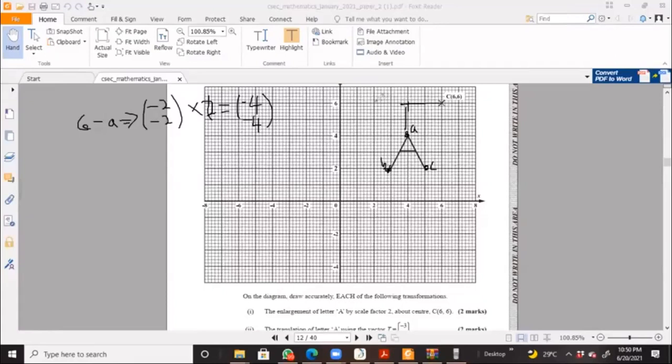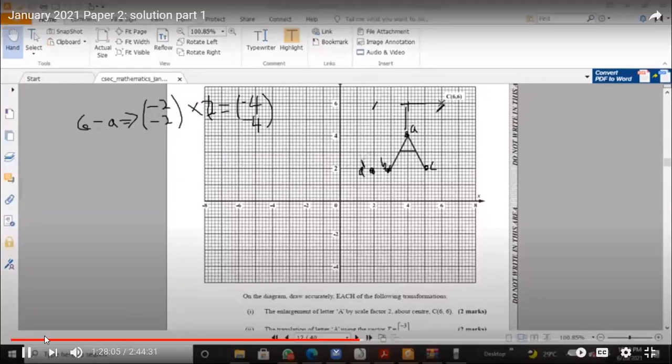I reach here, I stop, then I go down 0, 1, 2, 3, and 4. So my first one here should have been A1. It was the center to A, and I move it to this one. So I'm going to enlarge it by 2. Shanice, you have the idea, right?